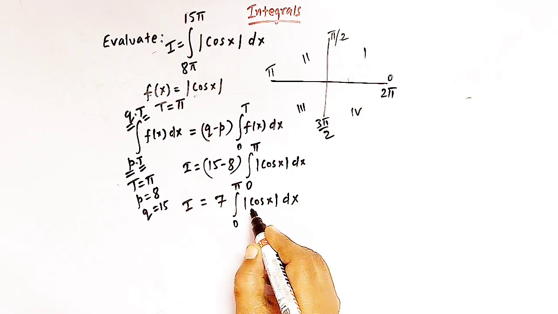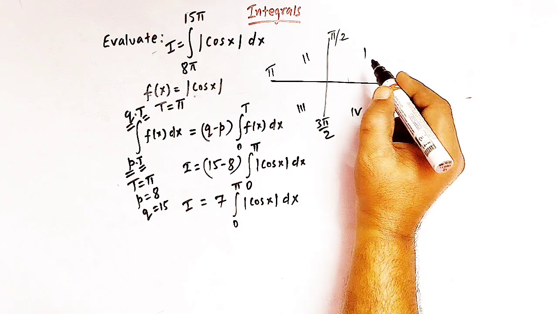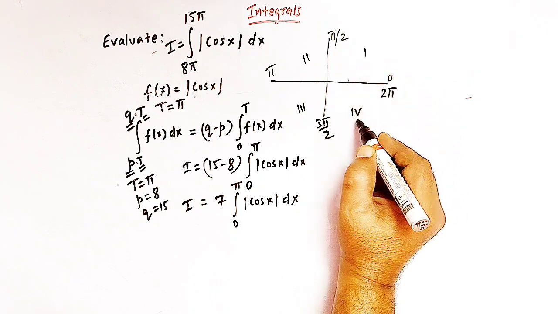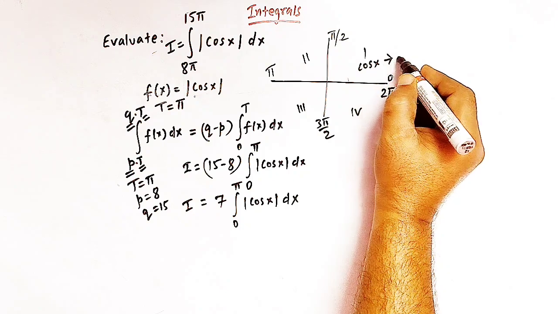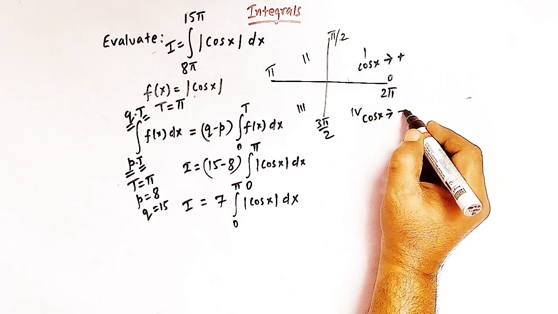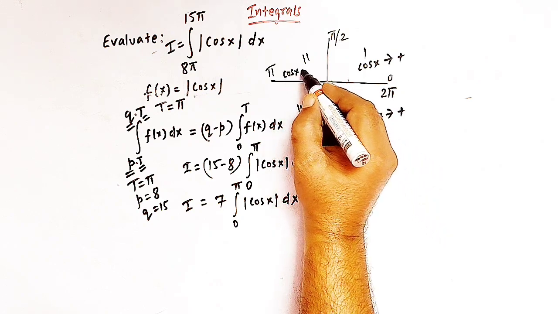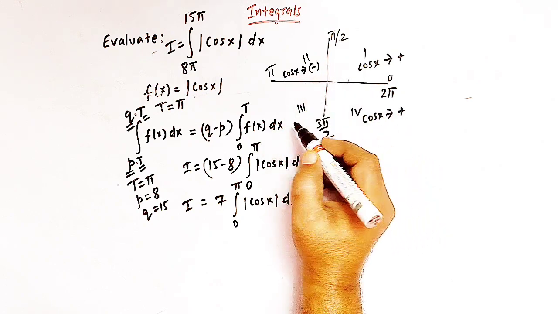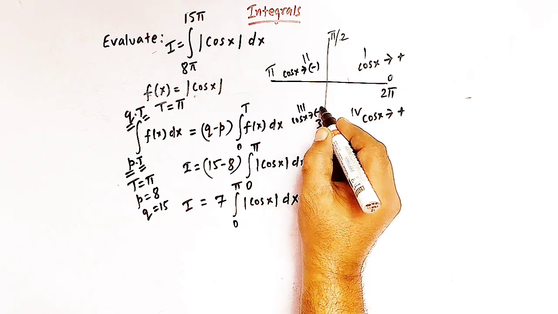And we know that the cosine function is positive in the first quadrant and in the fourth quadrant, and cosine function is negative in the second and third quadrant, right?